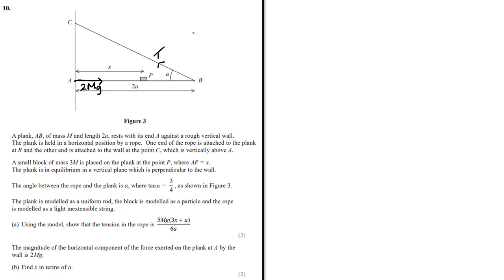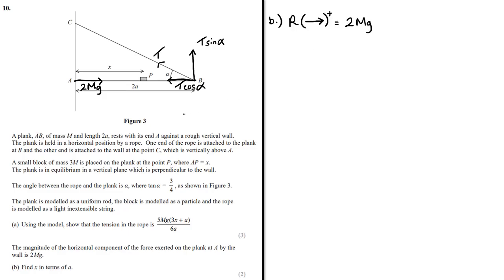We had the tension, T, and then we had T sine alpha, and we had our horizontal component of T cos alpha. Now here, what I need to do is resolve forces. So this is for part B, if I resolve and I take positive as being in this direction, then 2mg will be positive, because that's going in that direction.